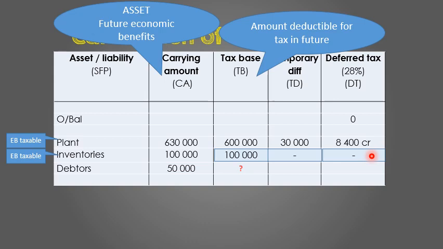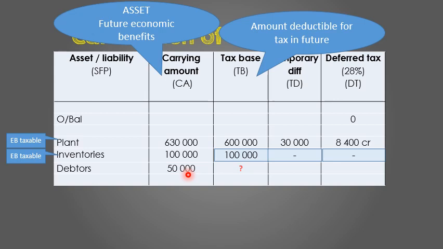Okay, now for debtors, if we have this debtors balance of 50,000, when we realize these debtors, they will be realized by getting cold hard cash when these debtors pay us. So in effect, we will just be swapping one asset, the debtor, for another asset, the cold hard cash.